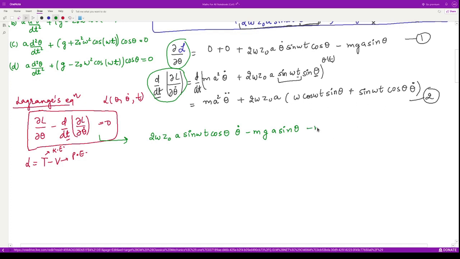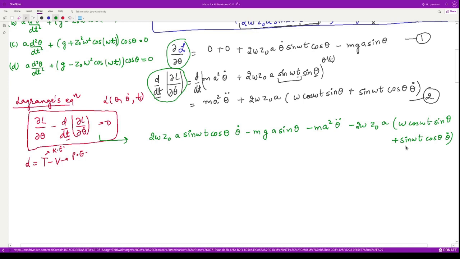So it would be minus m a square theta double dot minus 2 omega z naught a into omega cos omega t sine theta plus sine omega t cos theta into theta dot, right? So this is 2 omega z naught a sine omega t cos theta theta dot.